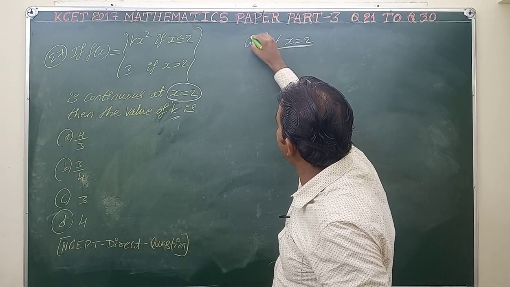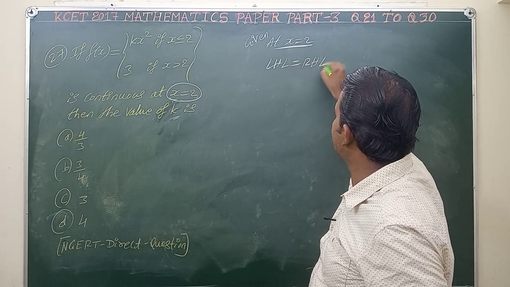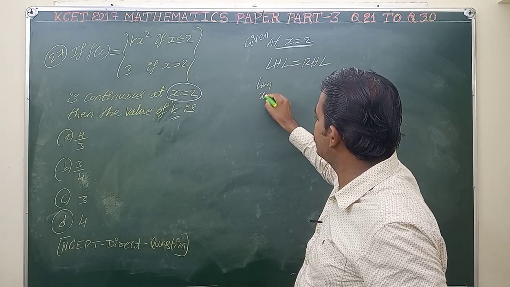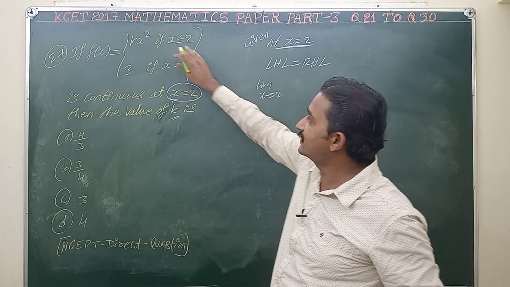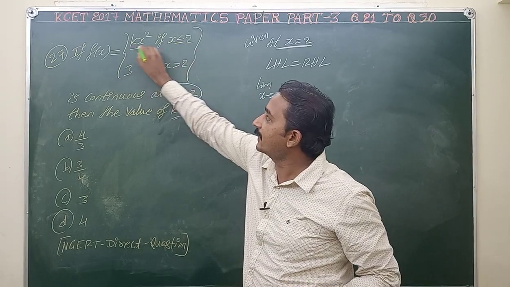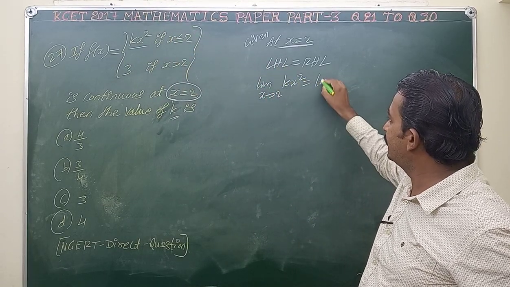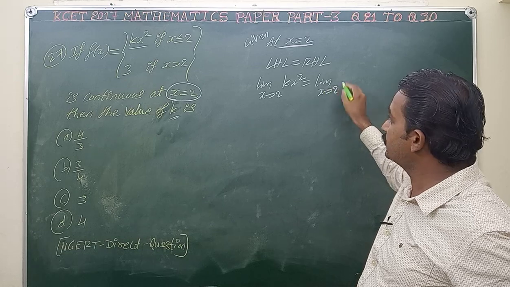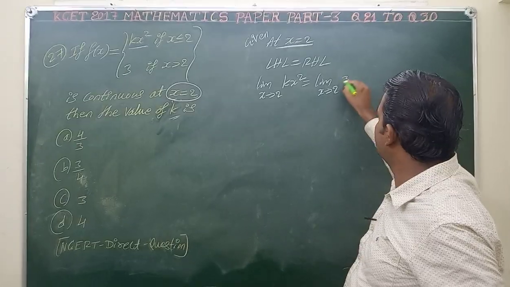So LHL is equal to RHL. Left hand limit is equal to right hand limit. What is the left hand limit? Limit x tends to 2, x values approaching 2 from the left hand side, nothing but x less than 2, f of x is k into x square. It is equal to RHL. Limit x tends to 2, x values approaching from the right hand side, nothing but 3 in this case.